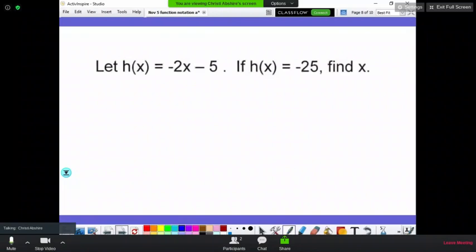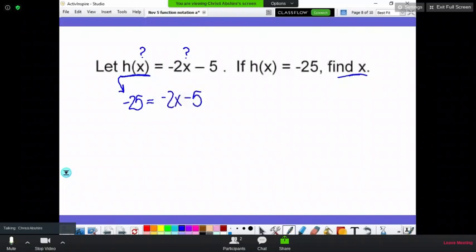On this problem, the name of the function is h. It says h of x is negative 2x minus 5. If h of x is negative 25, find x. That means I do not know what x equals. However, I do know that the entire h of x is negative 25. So I'm going to replace that with negative 25 and recopy.